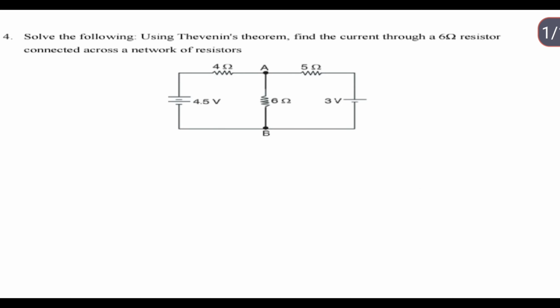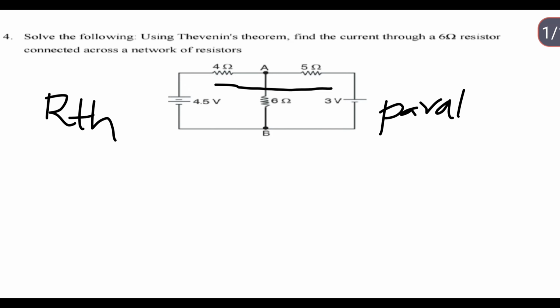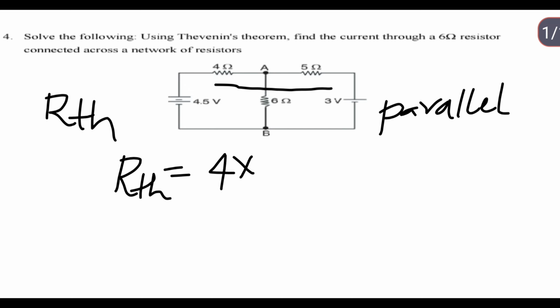Next we have to calculate RTH, the Thevenin resistance. To find the Thevenin resistance, let us consider these two resistors to be in parallel. RTH is equal to R1 times R2 divided by R1 plus R2.